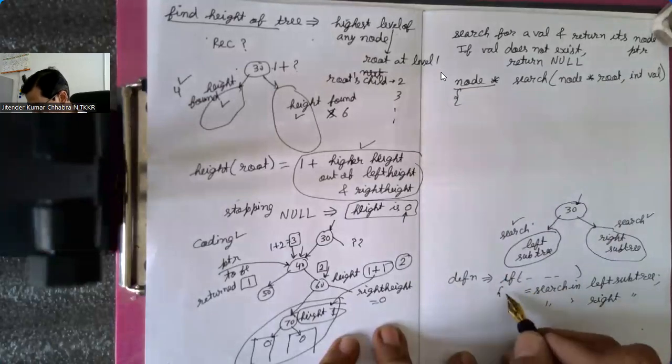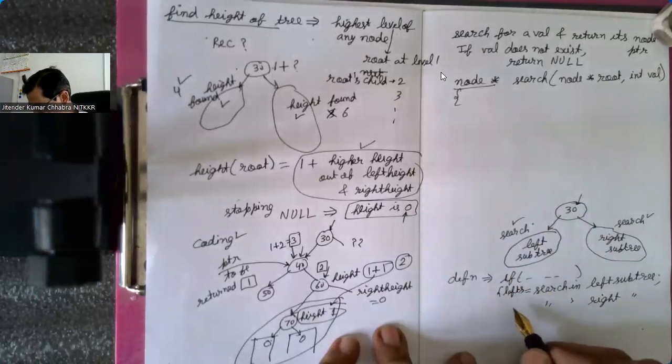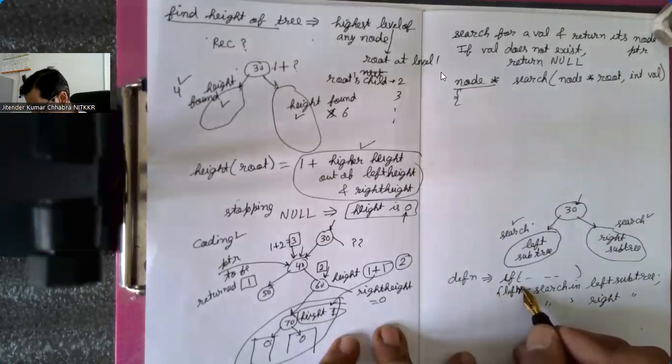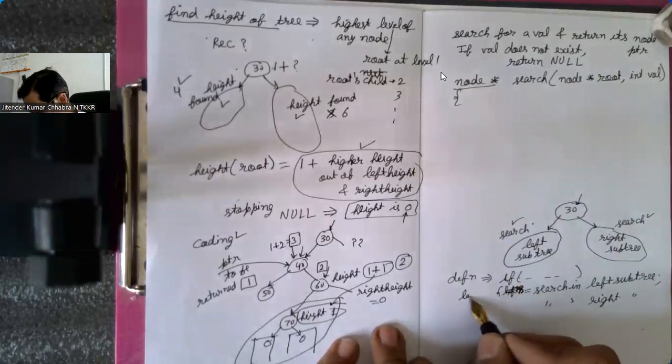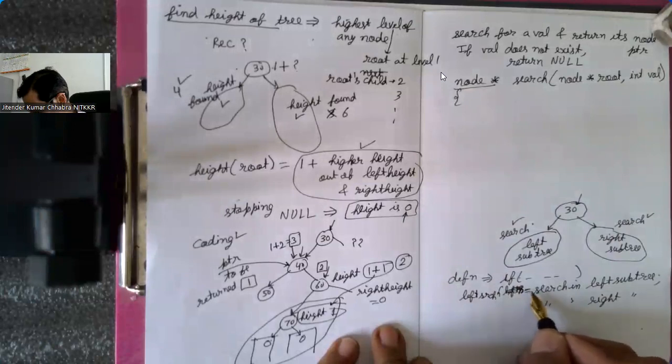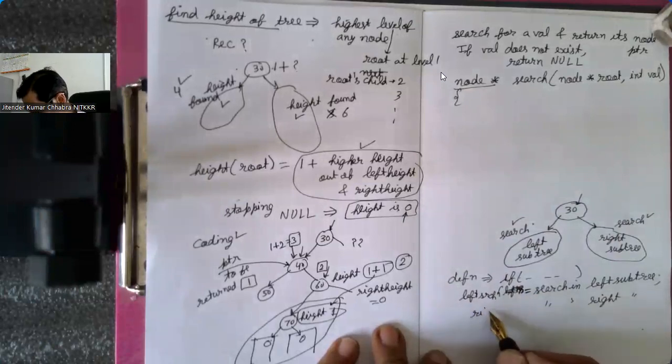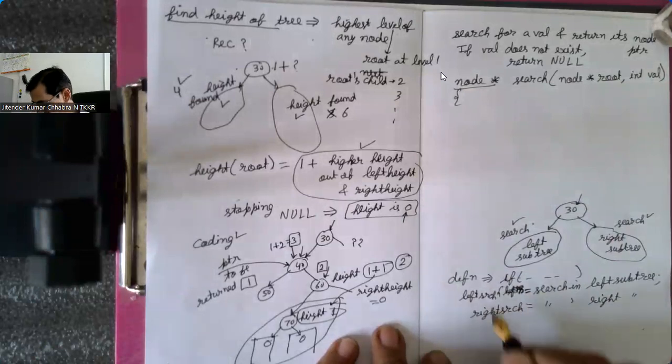So I can say left search, let's say left S, equal to this, and similarly right search equal to this.